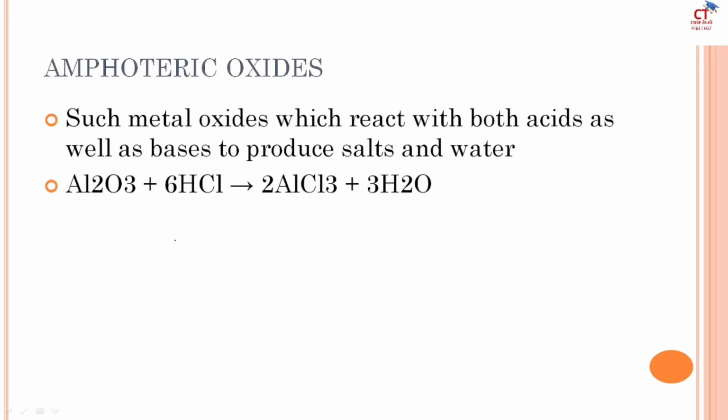There is a term that is known as amphoteric oxides. What is this amphoteric oxides? Amphoteric oxides are metal oxides that react with both acid and base and result in the formation of salt and water. What is it? They will react with both acid plus base to give you salt plus water.